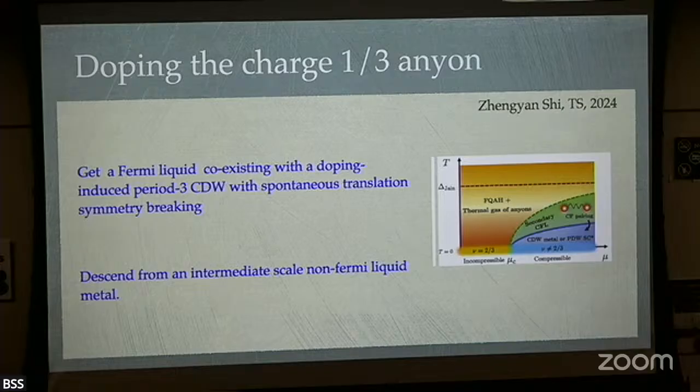There's a doping-induced CDW whose period is not changing, but whose amplitude is increasing. And it has an interesting evolution in the theory. There are some composite Fermi liquids at intermediate temperature. But at the end of the day, as far as the ground state is concerned, this is the natural possibility. It's a more exotic possibility, but the natural one is to just get a CDW metal with Fermi surface area that counts the deviation of the charge from 2/3.